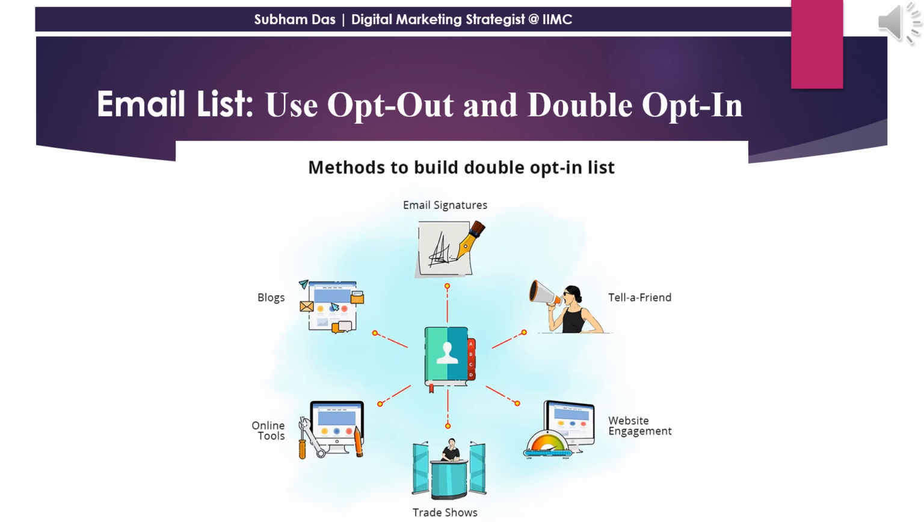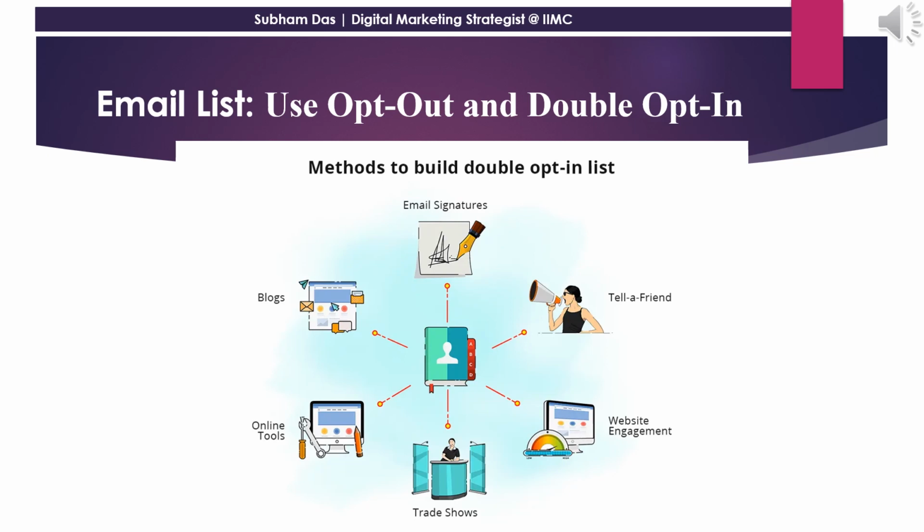So what happens is they try and get onto your email list. Once they submit their email IDs, next they are sent a confirmation email. Do you really want to join the newsletter? That is double opt-in. So they need to click on yes or approve that request to get on the list.